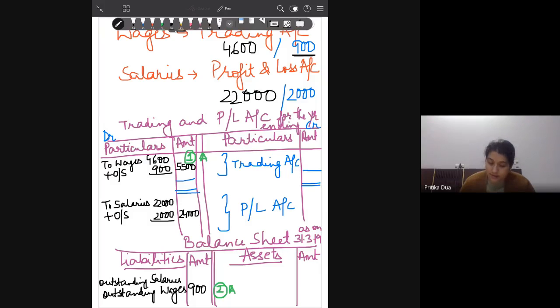On the liabilities side, I write this amount as 2,000. So this is the first treatment for adjustment B, and this is the second treatment for adjustment B. This is how you treat the outstanding expenses.